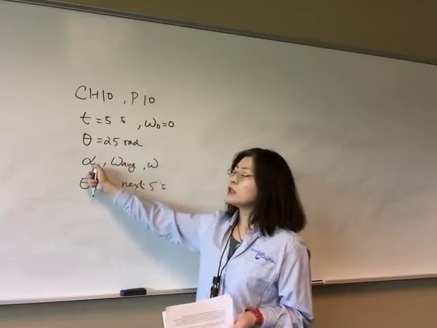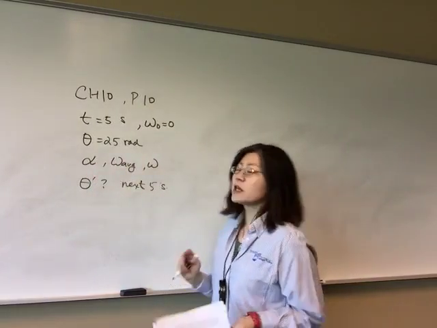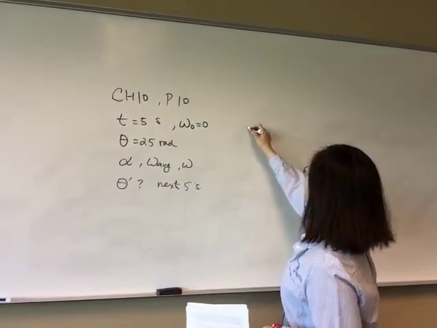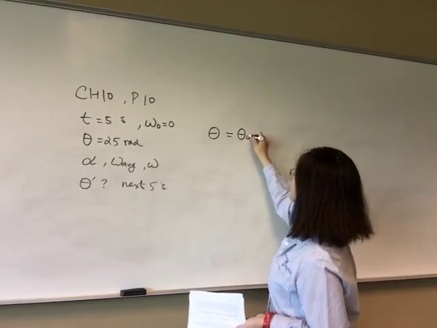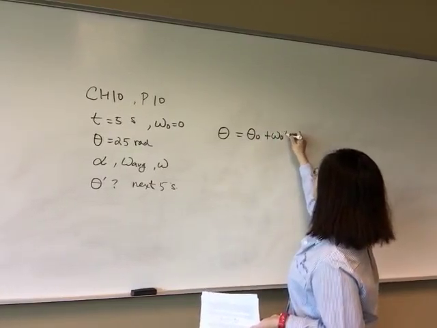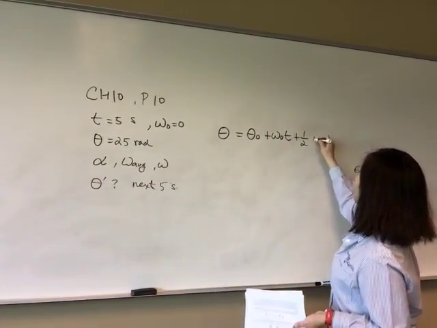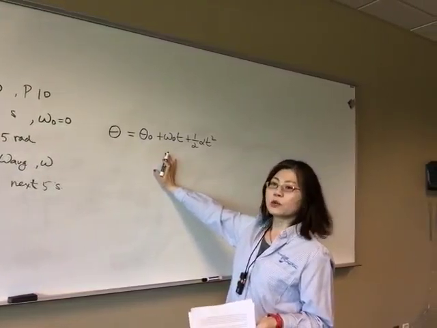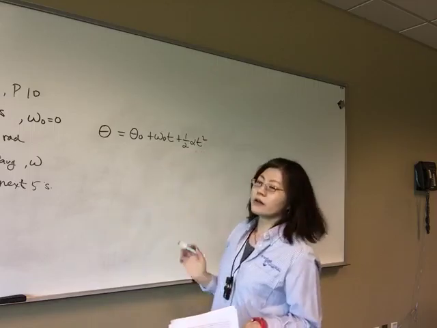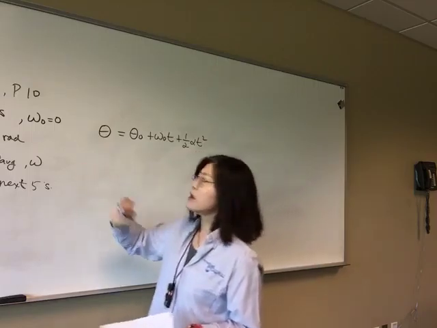Then it becomes very easy to find your angular acceleration because you have the equation that says the final angular position is equal to the initial angular position plus the initial angular velocity times time plus 1/2 alpha t squared. So we have all the information we need except the angular acceleration, which you're asked to find. So let's do that.